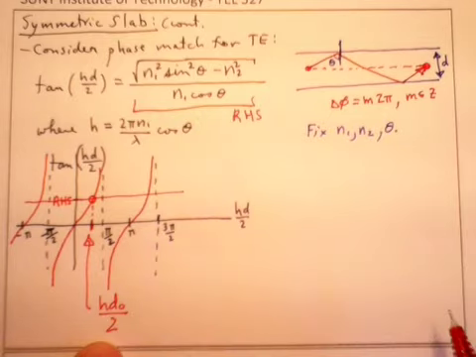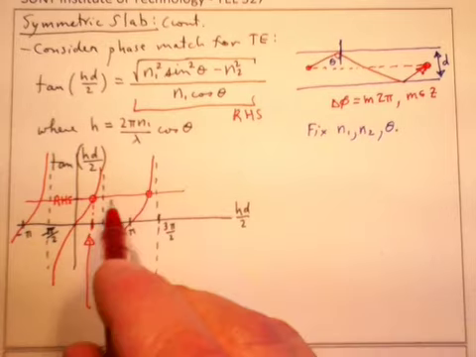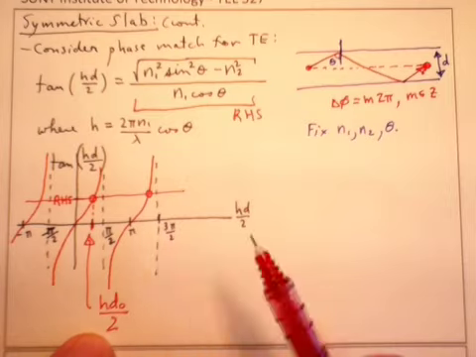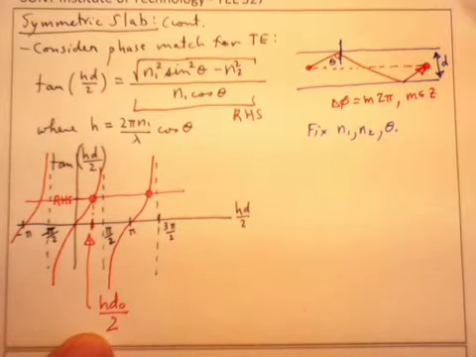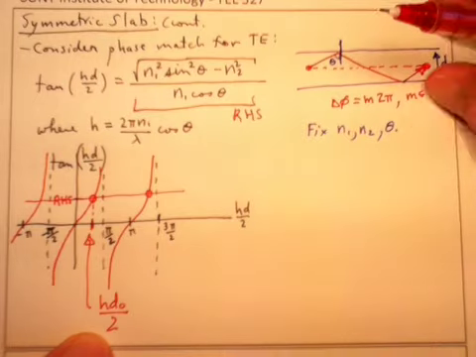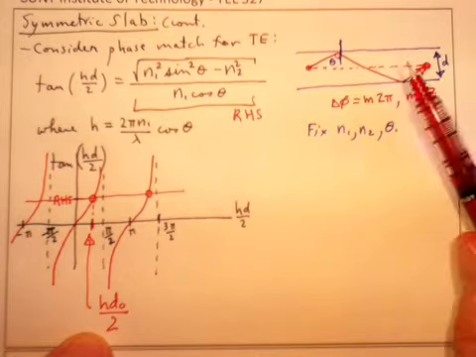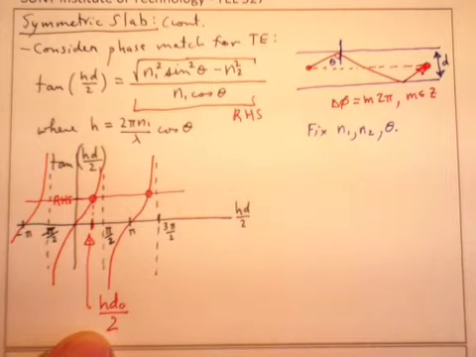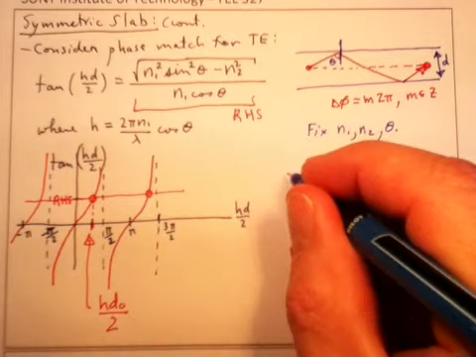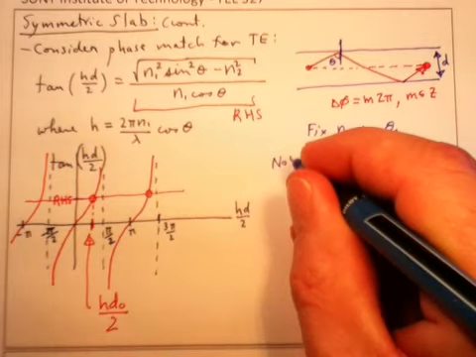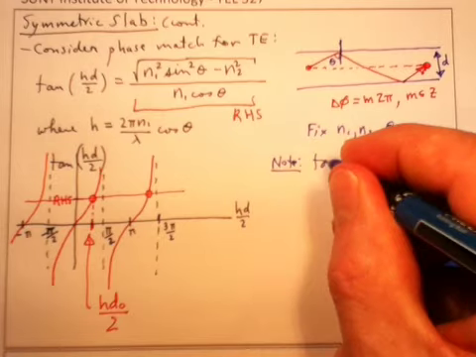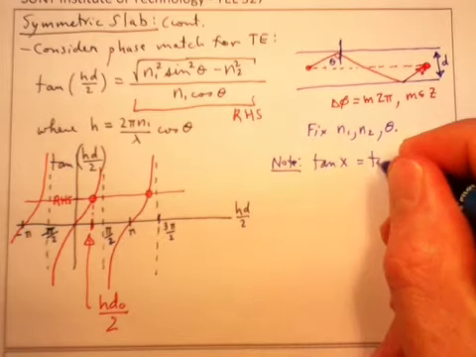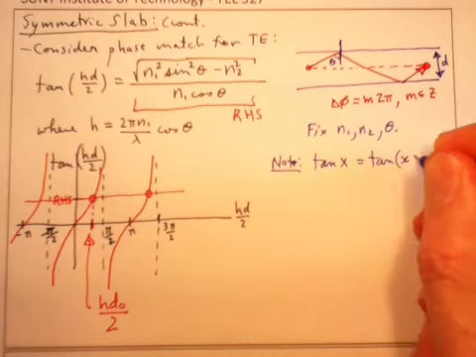Now I'm going to look at what these other solutions are, and we'll figure out that they correspond to different thicknesses of the waveguide, or different values of d by lambda, which also allow for this particular zigzag angle to be a valid solution. So I'll say that the tangent of any x is equal to the tangent of that x plus m pi, where m is an integer.